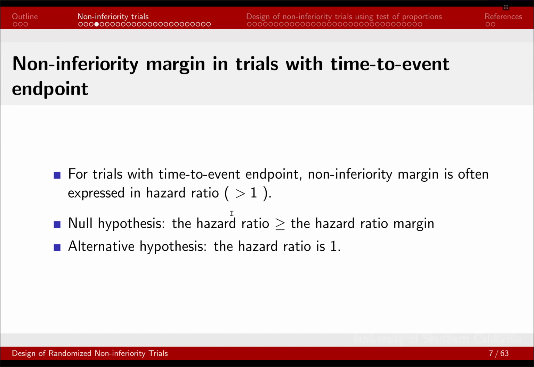For trials with time to event endpoint, non-inferiority margin is often expressed as a hazard ratio for experimental agent versus standard of care. So it needs to be larger than 1. The null hypothesis is that this hazard ratio is no less than the hazard ratio margin. Non-inferiority trials often power at an alternative hypothesis that the hazard ratio is 1, meaning the two arms actually have equal efficacy.